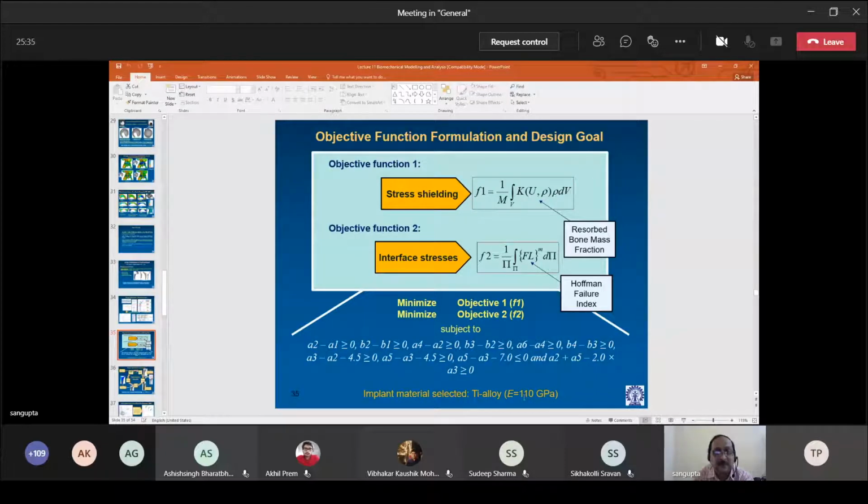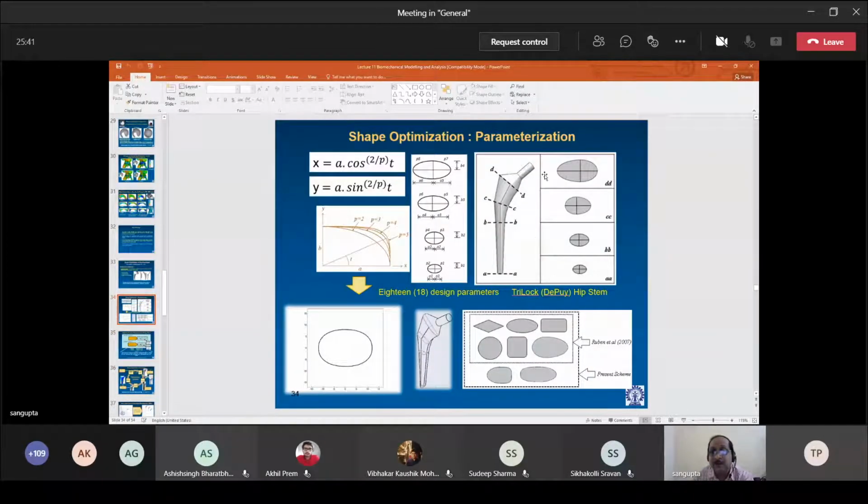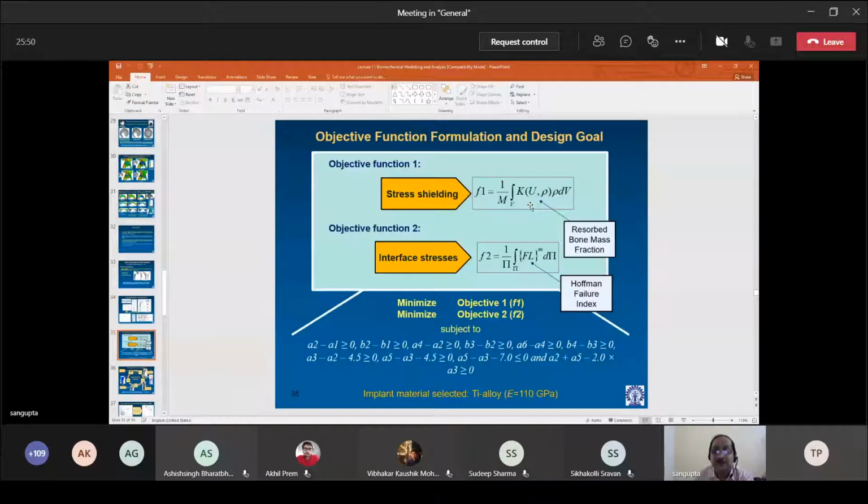So we start with the generic design, as I told you, the Tri-Lock hip stem here. But from the Tri-Lock hip stem, we progress into different variants as suggested by the optimization protocol.